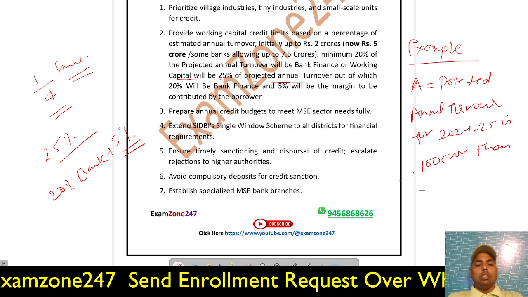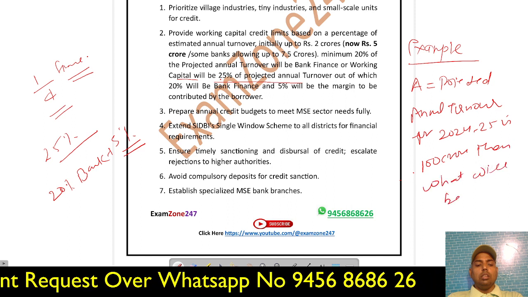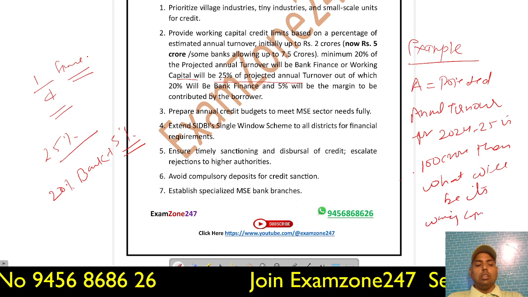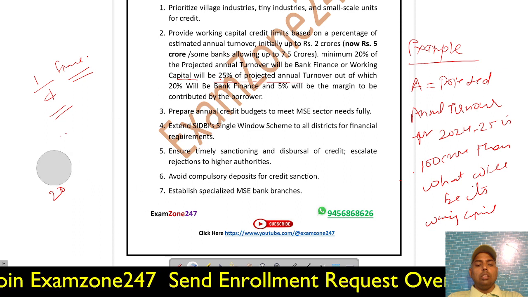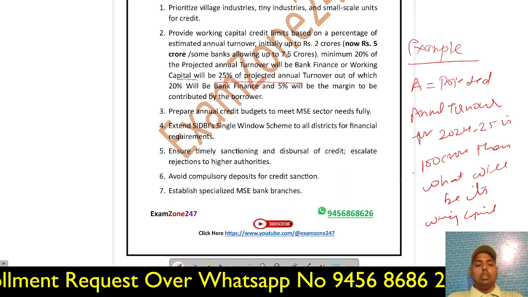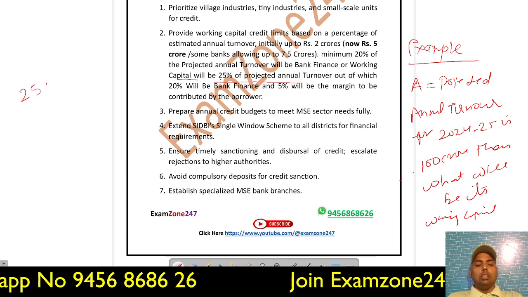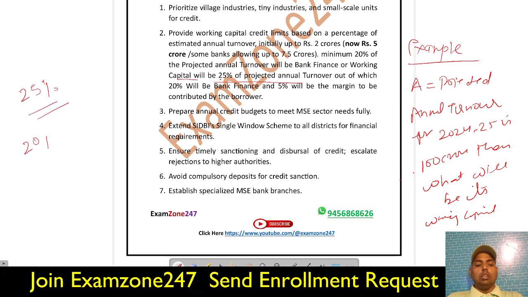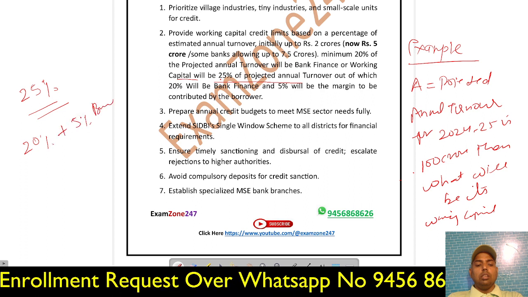Then what will be its working capital? See, what does it say? It says working capital will be 25%, out of which 20% will be from the bank and 5% will be from the borrower.